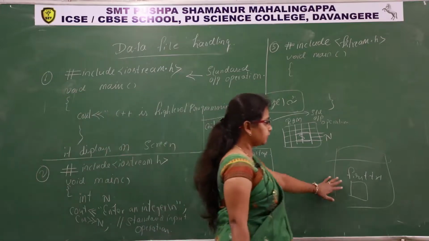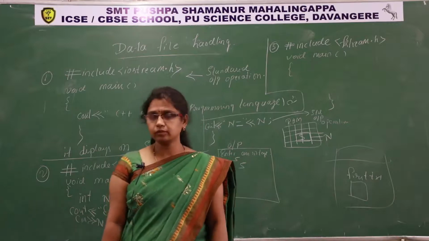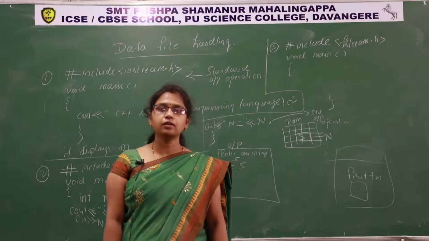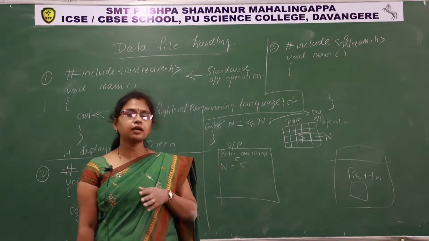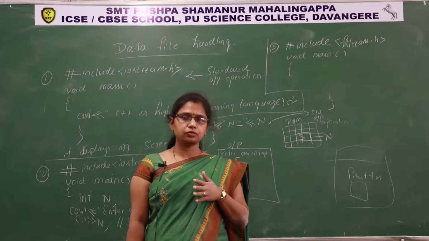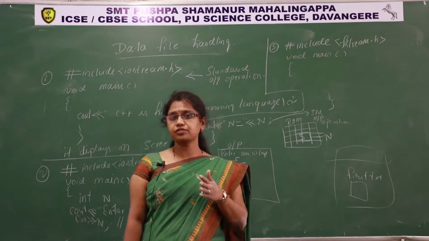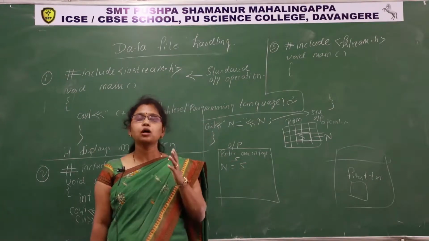Okay, file is there. Then how to open? There is a function called open. Open is a member function of ifstream class, OFstream class and Fstream class. Are you understanding? In these classes we have a function called open function.